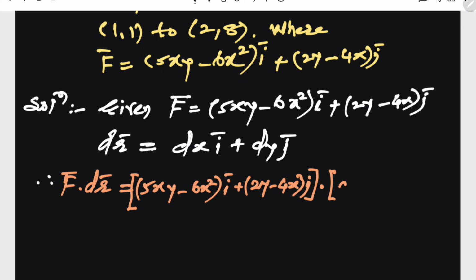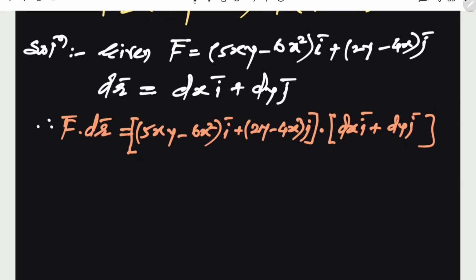First, I will write down the complete f bar and then take the dot product with dr bar. Therefore, f bar is 5xy minus 6x square into i plus 2y minus 4x into j, a dot product with dx i plus dy j.